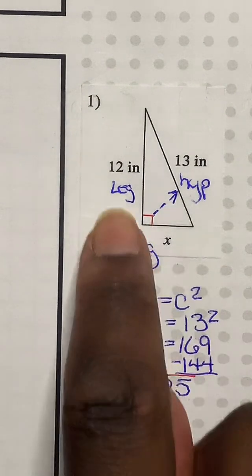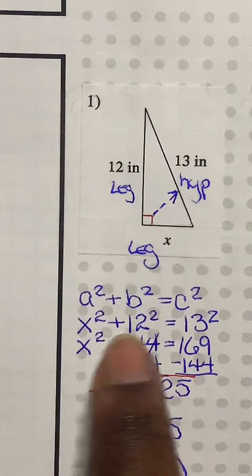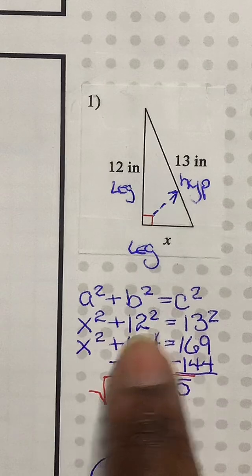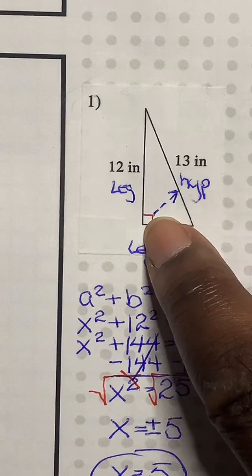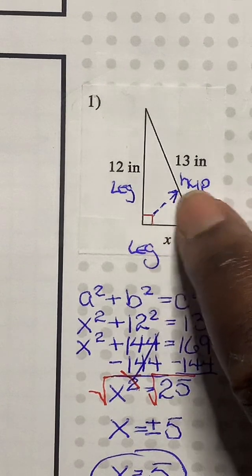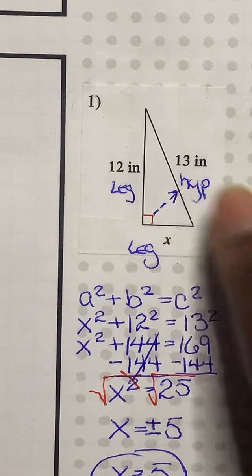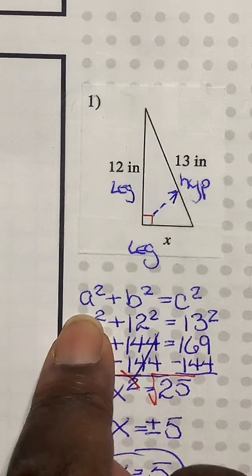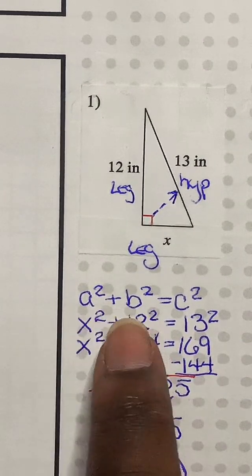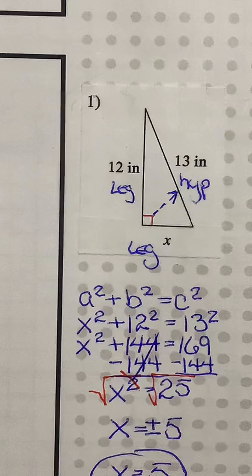But no matter what, your other leg has to be accounted for. But your hypotenuse, your C, is always going to be the side that's directly across from that 90-degree angle. That's why 13 squared is over here. So the formula for Pythagorean theorem is a squared plus b squared equals c squared.